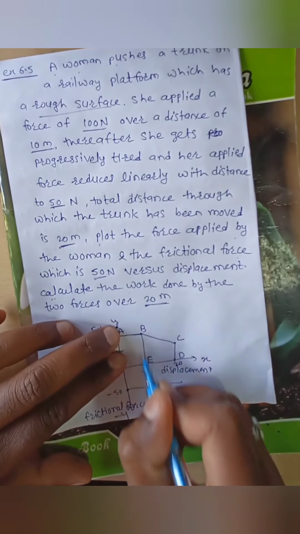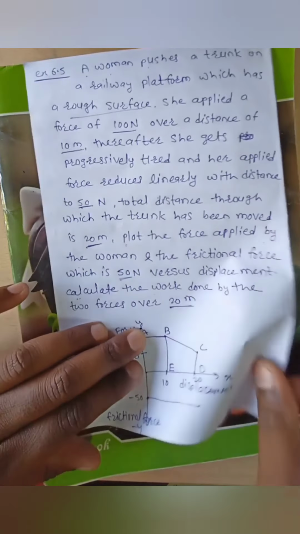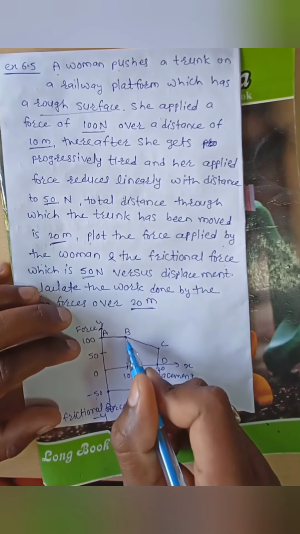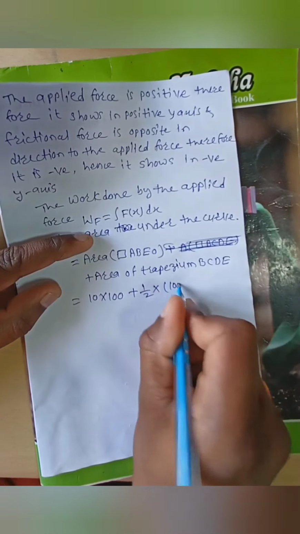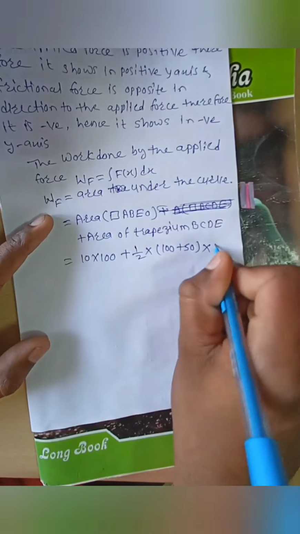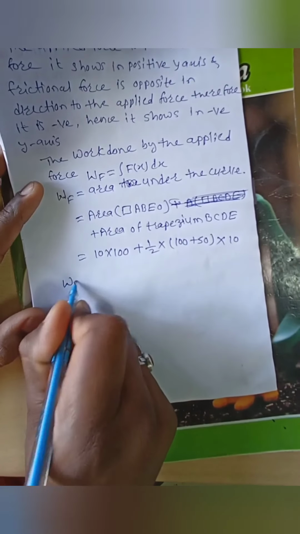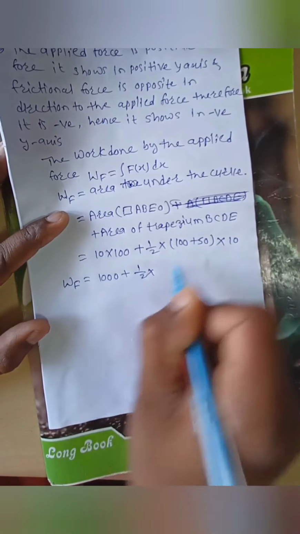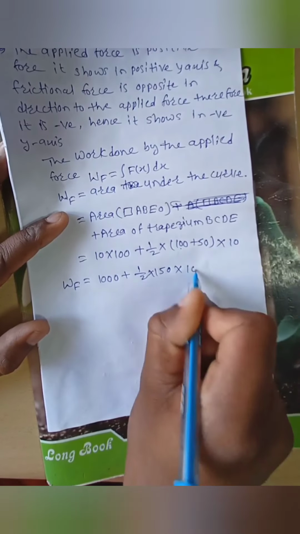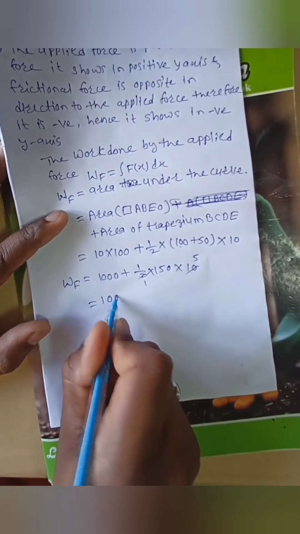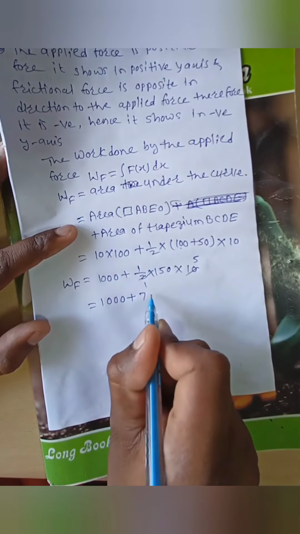The formula is half into the sum of the parallel sides into the base: half into 100 plus 50, into the base 10. So this is 1000 plus half into 150 into 10, which is 1000 plus 150 into 5, that is 750.